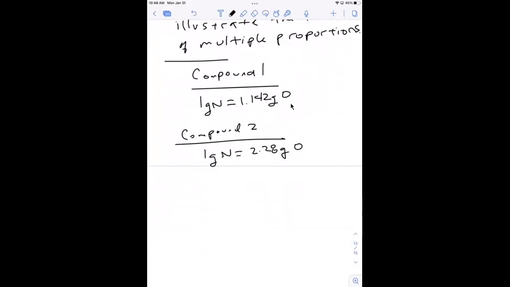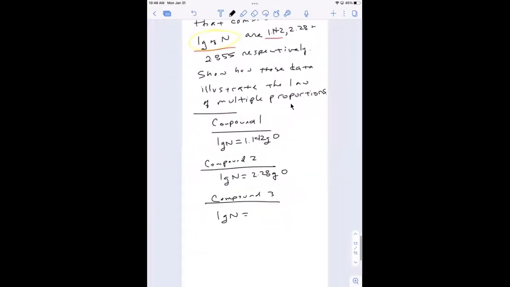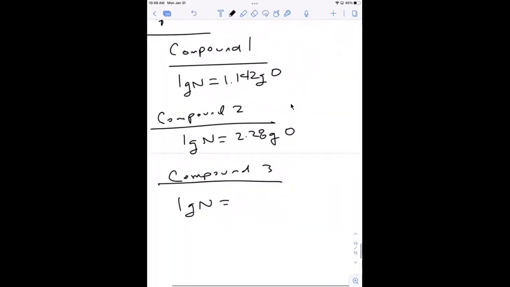Again, the strategy is to keep one of the masses fixed for one of the elements, so we're going to keep nitrogen as 1 gram. Compound 3, 1 gram of nitrogen is equal to what? Anybody? 2.855, very good. 2.855 grams of oxygen. So the first part of the question is already done.